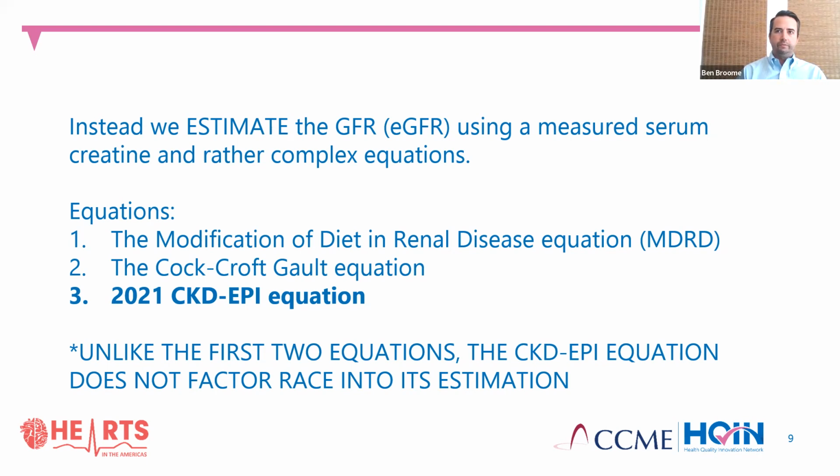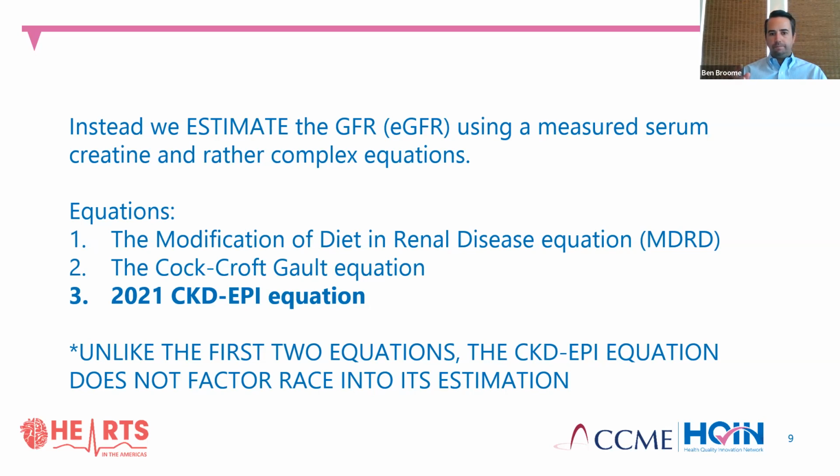What these equations tried to do was take a known biomarker, in this case serum creatinine, and put into account a patient's age, race, height, weight, and sex. In doing so, that equation would produce an estimated GFR based on those factors.